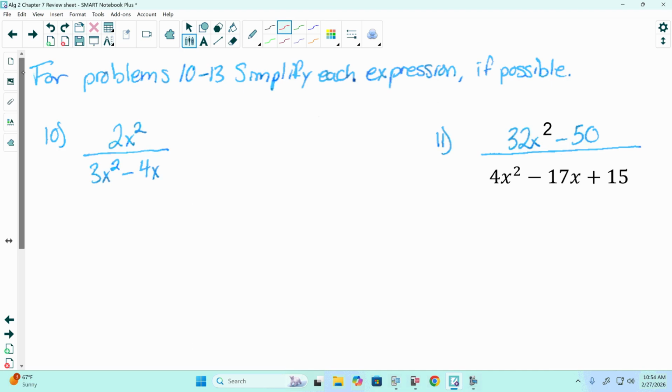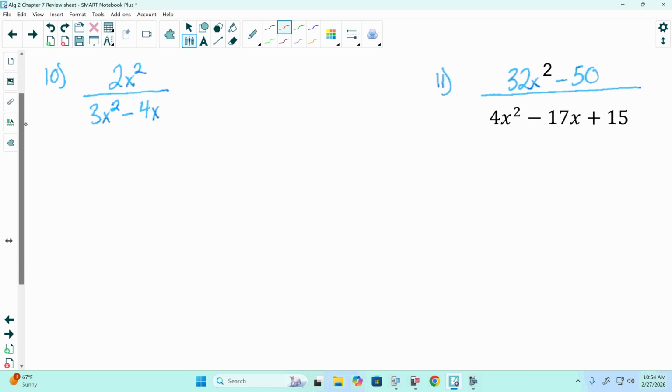When we look at simplifying each expression as far as possible, the first thing we want to do is factor the top and bottom as far as possible, and then see what we can simplify. Now, 2x squared is as simplified as it gets because it is a single term. 3x squared minus 4x does have that x squared term, so there's some factoring we can do there.